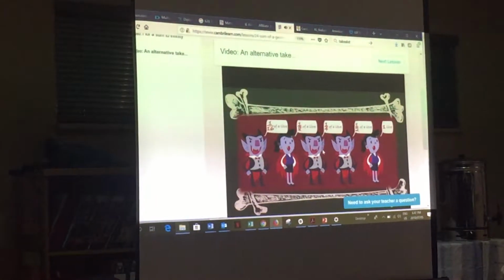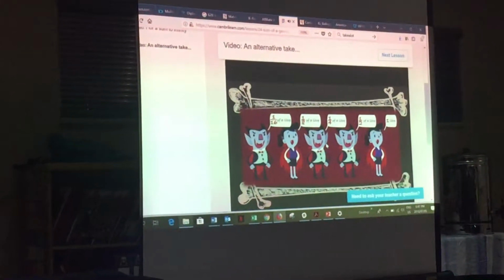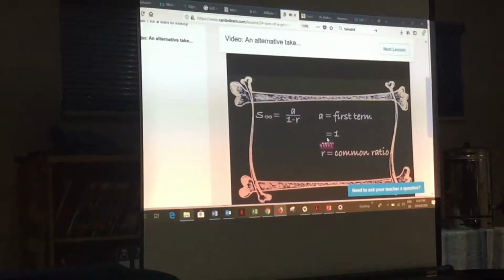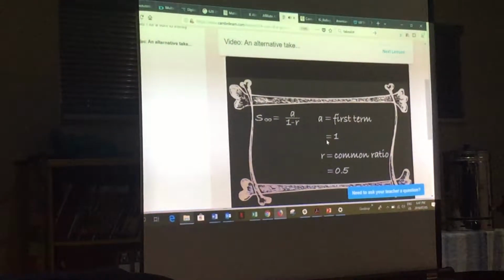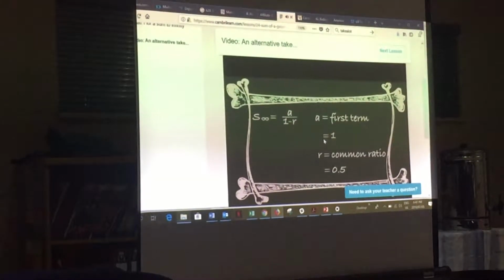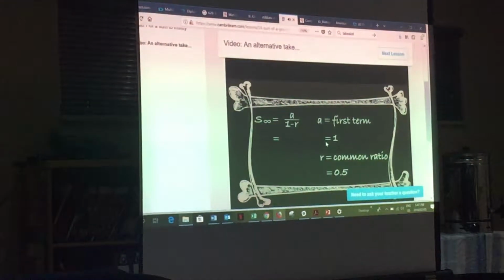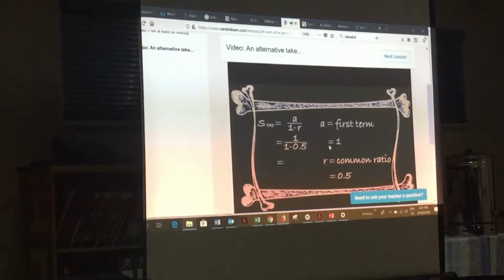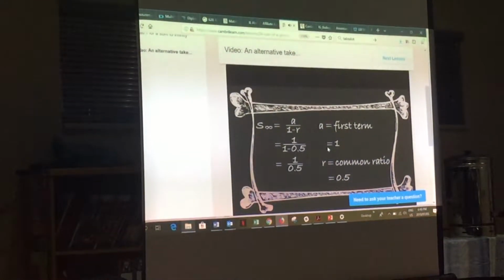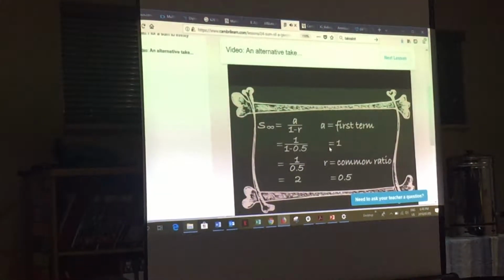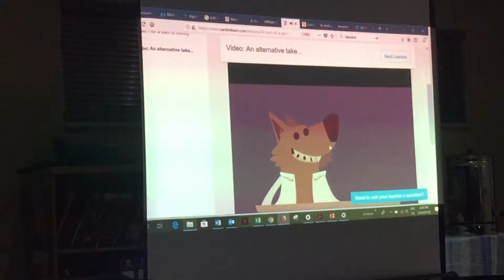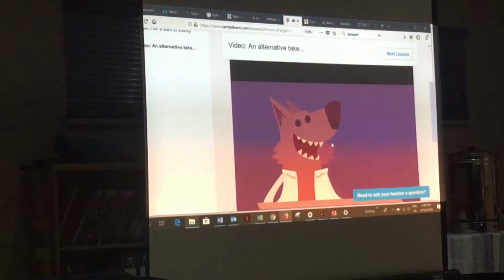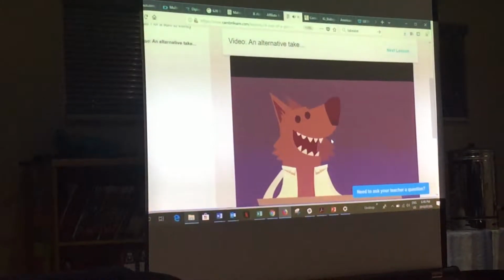Each subsequent vampire asks for half of the amount of blood of the previous vampire, meaning that the value of R will be 1/2. Therefore, S infinity equals 1 over 1 minus 1/2, which equals 1 over 1/2, which equals 2. This means that the werewolf gave the vampires exactly the right amount of blood for all the vampires to have.